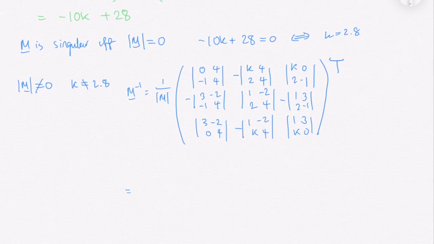Well, we know that the determinant of M is 28 subtract 10k. And if we calculate all of these individual determinants, we have 0 times 4 is 0, subtract negative 1 times 4 is plus 4. k times 4 subtract 2 times 4 is 4k plus 8, but this has a negative, so negative 4k plus 8.